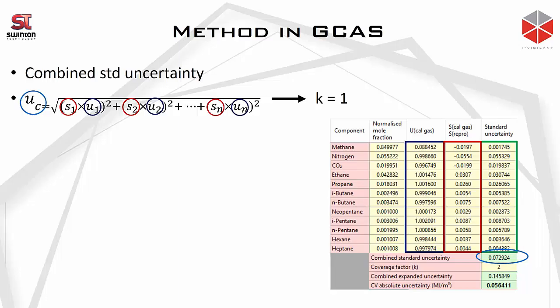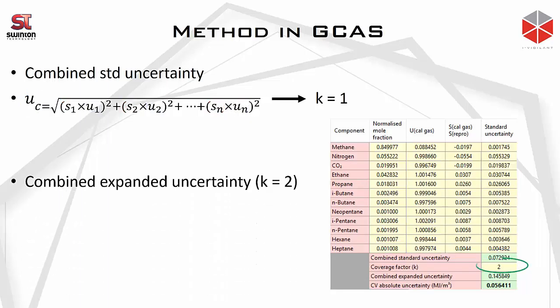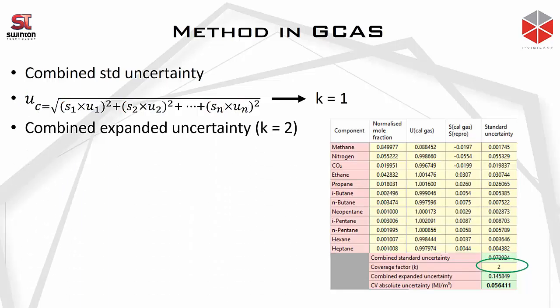Once we get the result, we can multiply the value by 2, which is the expanded uncertainty. By multiplying it by 2, we get a confidence level of 95%. So what we get from here is the expanded uncertainty with a confidence level of 95%. In this particular case, the result is 0.1458%.